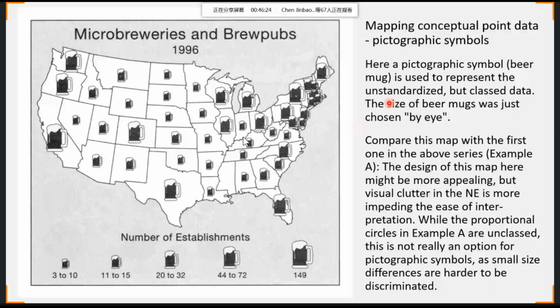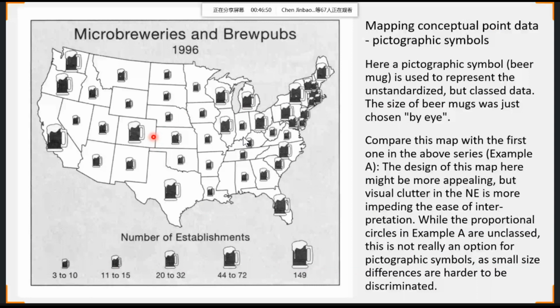And here again, it's the unstandardized version, so you would have to compare it with the first map, with the unstandardized one. But here the data is classed, because a continuous scale here for the data is not a wise decision, because you cannot see these small differences.